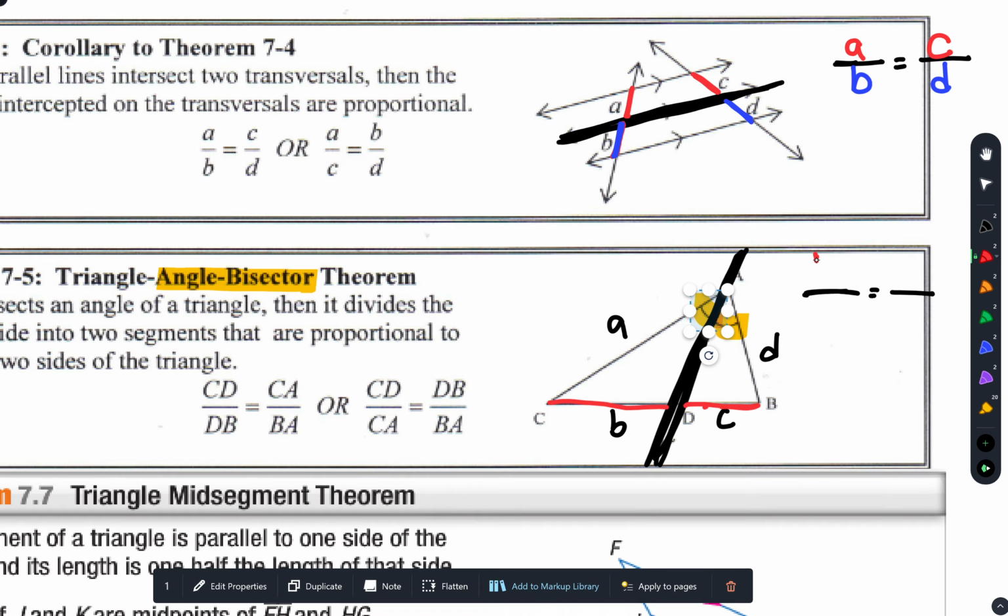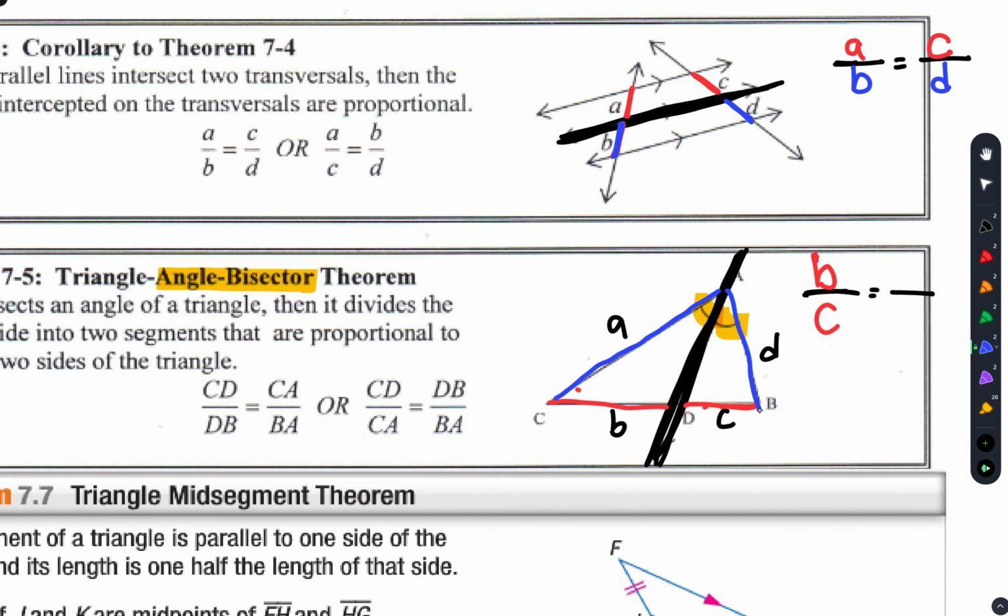B and C, and then the other two sides of my triangle, A and D. However you want to set it up. I just turned my paper sideways and then wrote my proportion like that. If you want to write your proportion as A over B equals D over C, that's fine too.